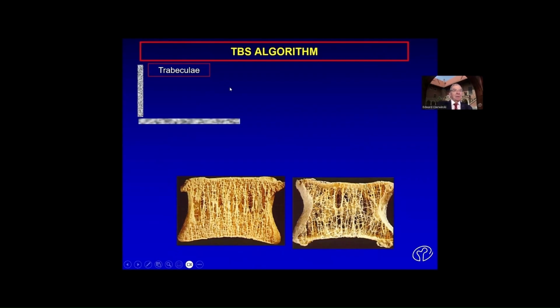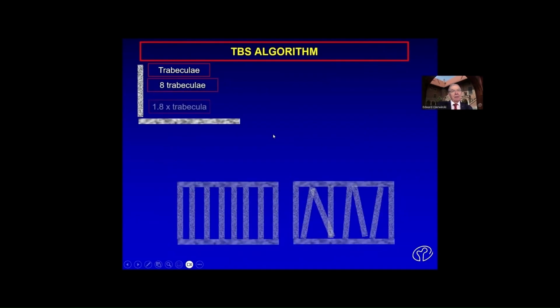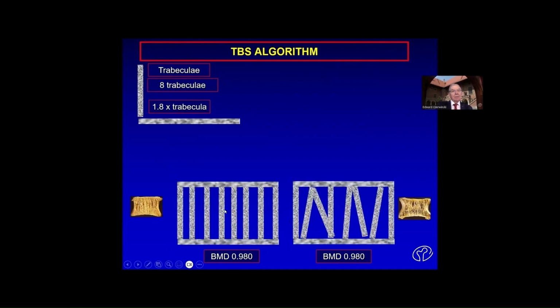And I just constructed artificial trabeculae. Here we have 8 trabeculae, and this is the scheme of the normal bone, and this is of the osteoporotic bone. And the bone density we measure by DEXA gives exactly the same results, 0.980, 0.980, because the amount of trabeculae is the same, 1, 2, 3, and so on.